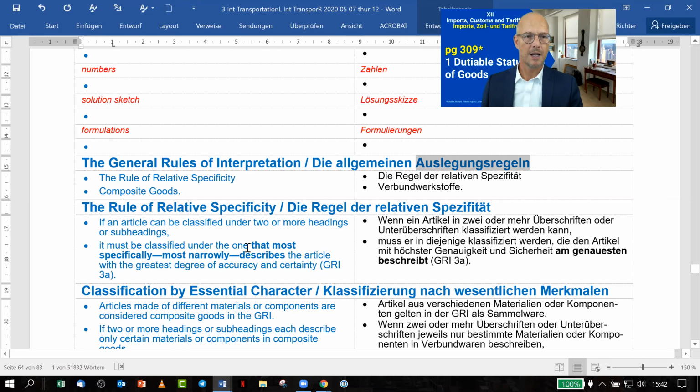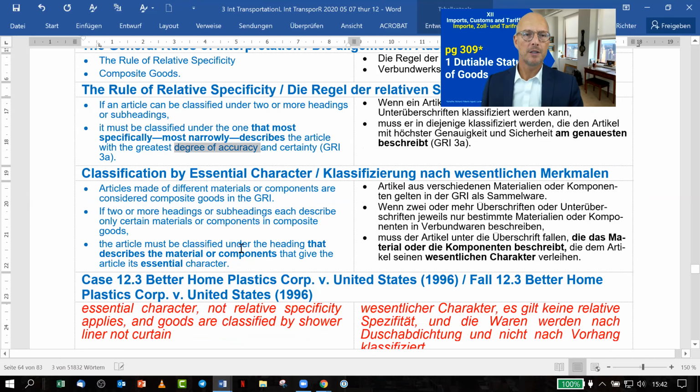So we have the rule of relative specificity. That means you must always classify a good under the heading that most specifically, most narrowly describes the article with the greatest degree of accuracy and certainty. Or if it has some other characteristics, you have to classify by the essential character, right?